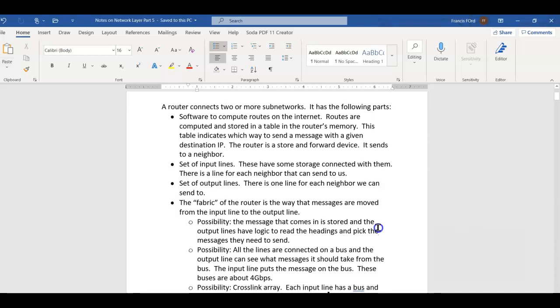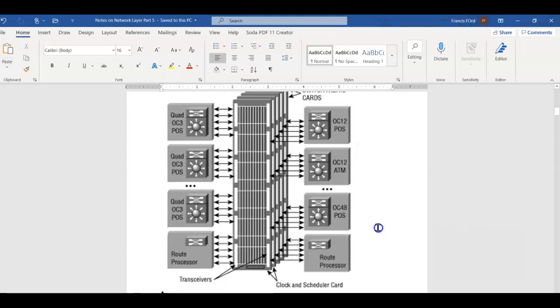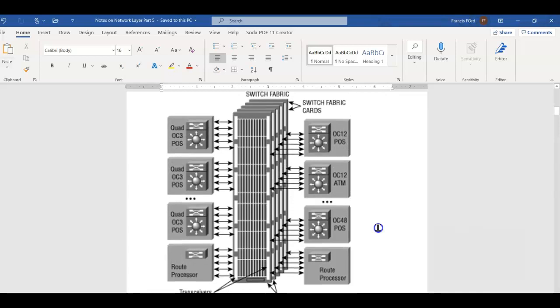route is. The third one is each input line has a bus, and each output line has a bus, and all the input buses connect to all the output buses. Now, first, I want to show you this. This is a picture from the internet of one of the Cisco routers.